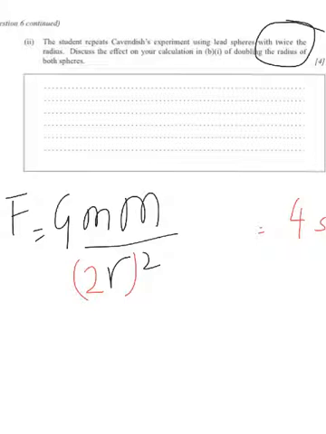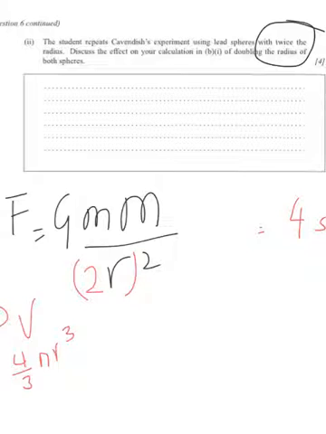But there is a little bit more to it, because if it has twice the radius, and of course this is a bit of an assumption, assuming they're made of the same material, then the mass of the spheres would change as well. Now, what's mass? Mass equals density times volume, right? So what is the change in the volume? Well, the volume of a sphere is 4/3 pi r cubed.